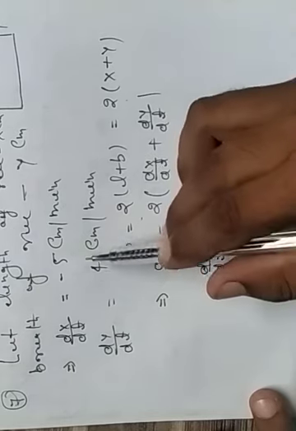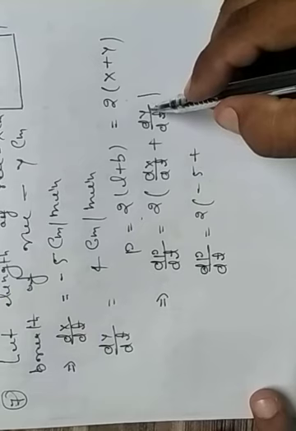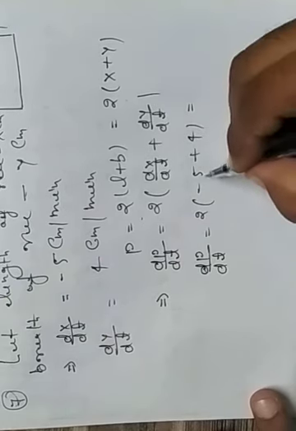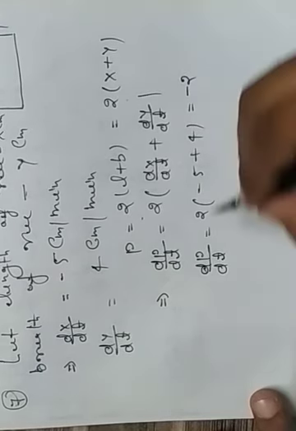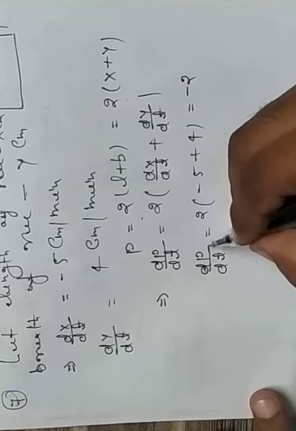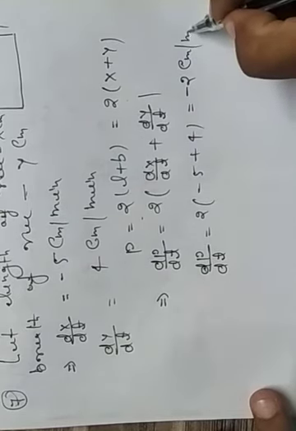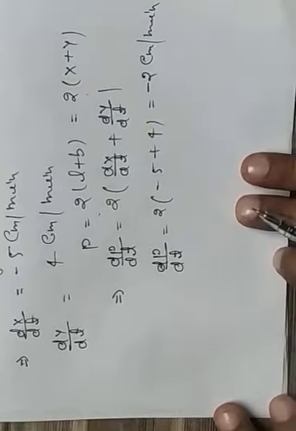Dx upon dt is given minus 5, plus dy upon dt is given 4, so minus 5 plus 4 is minus 1, into 2 is minus 2. We are discussing perimeter, so the rate of change of perimeter is minus 2 centimeter per minute.